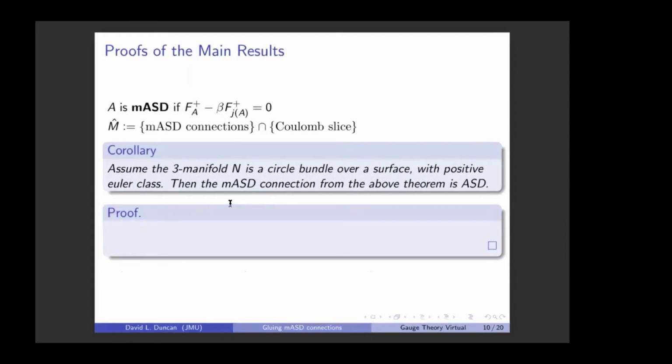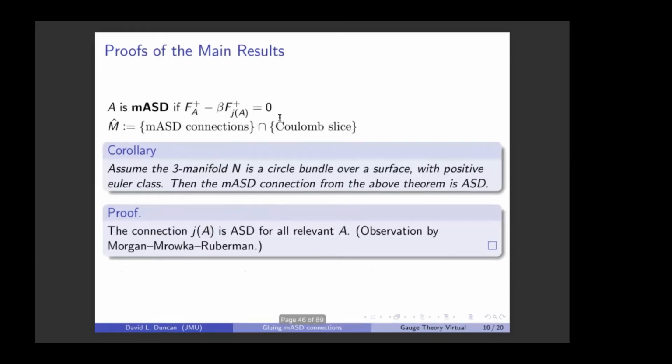So first I'll talk about the proofs of these things, and I'll start with the corollary. So here's the data from previous slides that I think are important here. The observation, ultimately due to Morgan-Mrowka-Ruberman, is that this J thing is automatically ASD no matter what A you put in there in the setting of this three manifold.